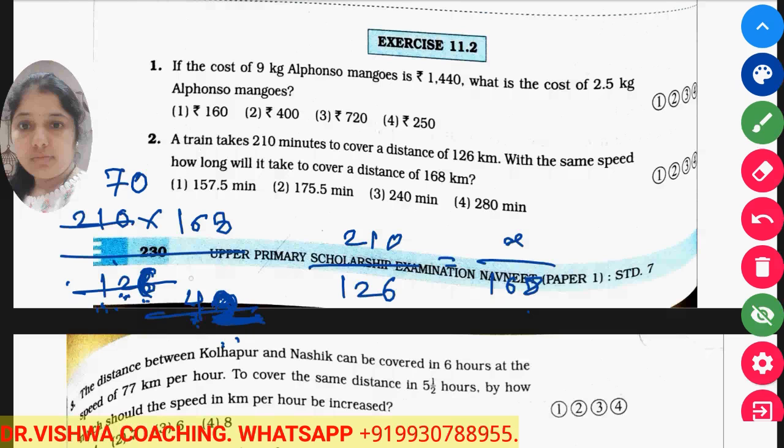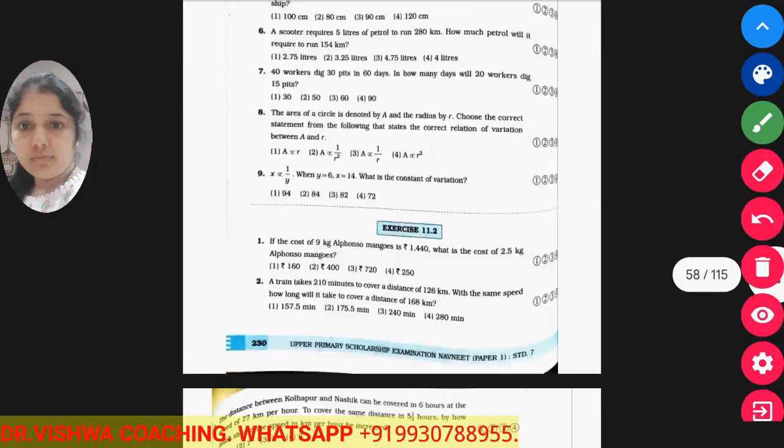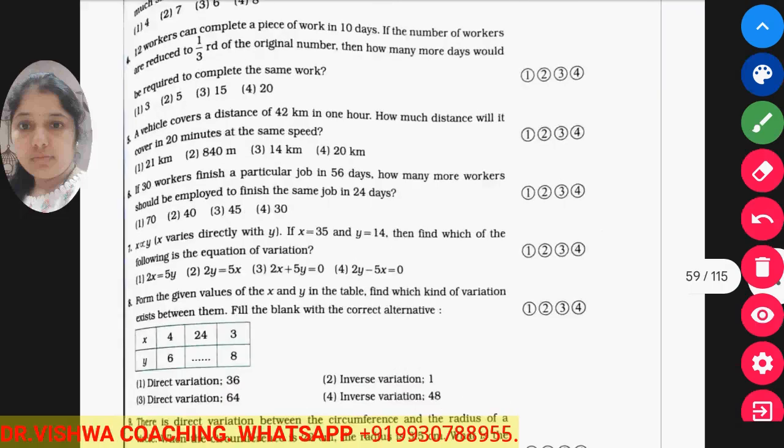Now 42 into 4 is equal to 168 and 4 7s are 28. So 280 minutes the train will take to cross the same distance with the same speed.